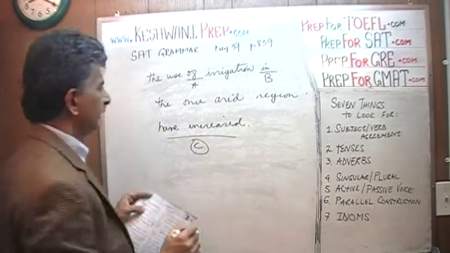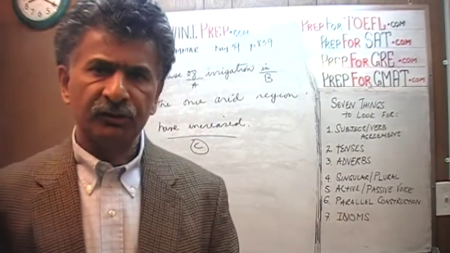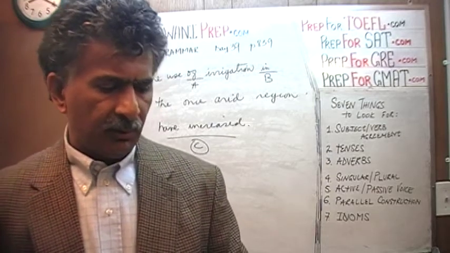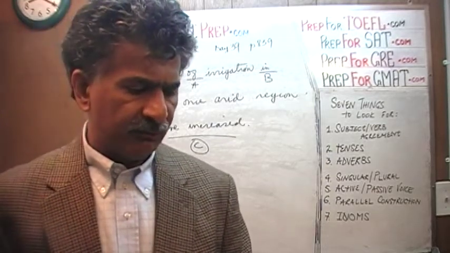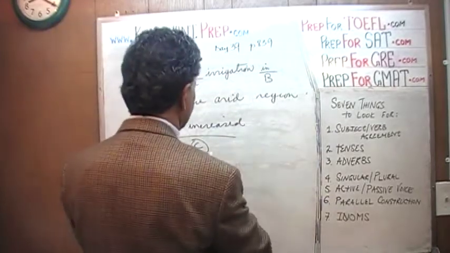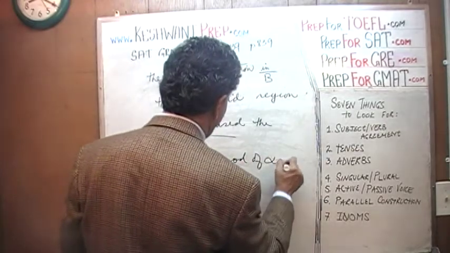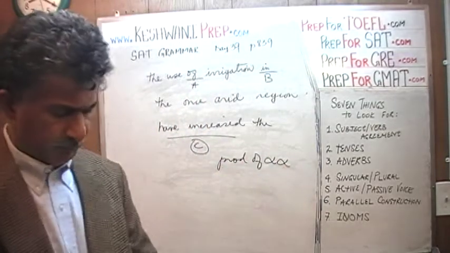As far as we are concerned, that at the end of the sentence, the rest of the stuff that you see there is the boring bits. It says has increased the production of alfalfa. Has increased the production of alfalfa. Let's see what we can do.